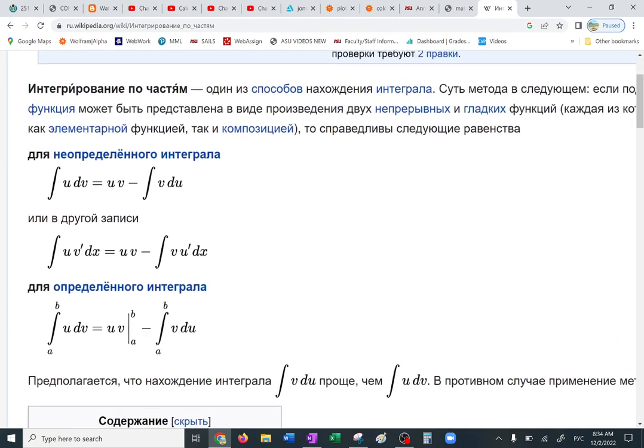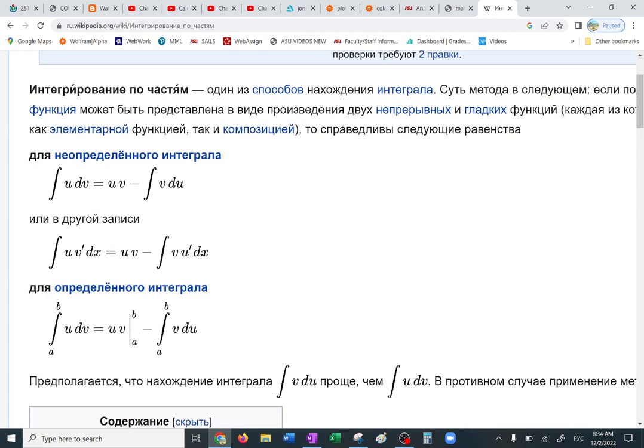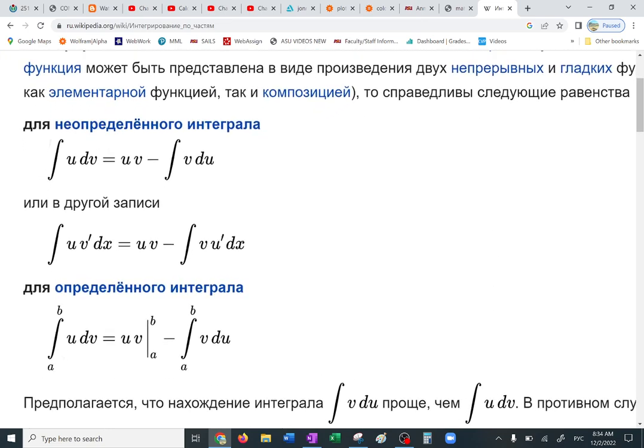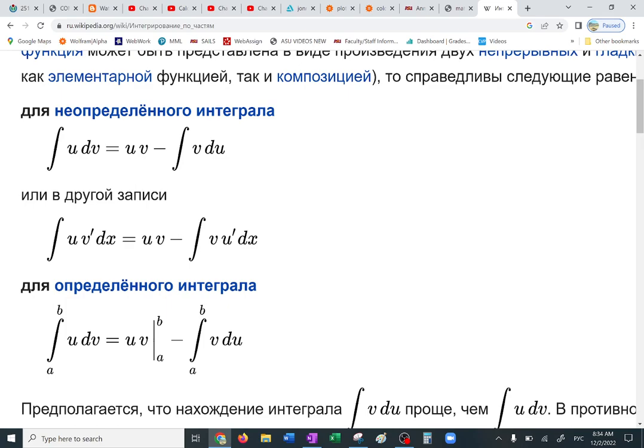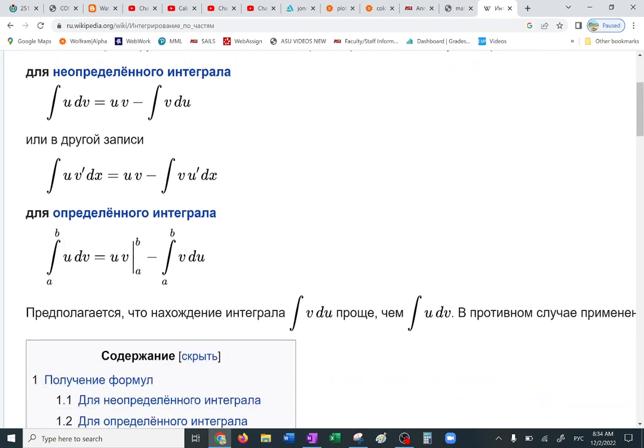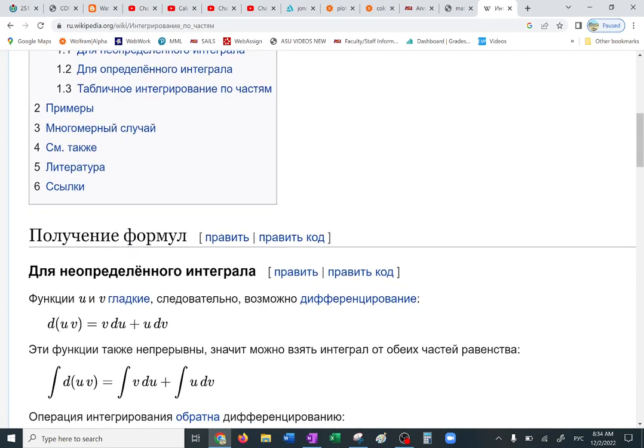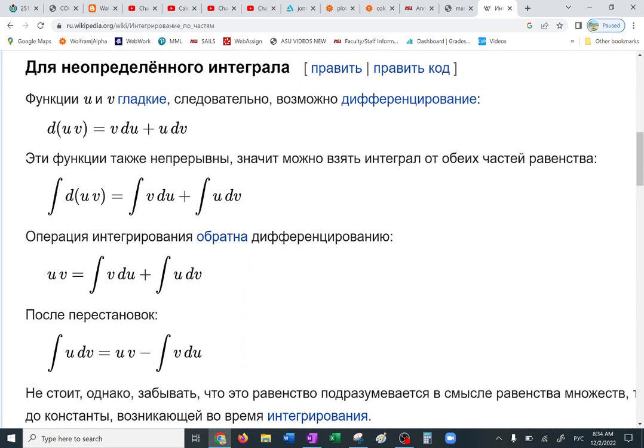Can you read this? That's integration by parts chapter in Russian language. See, you don't have to know the language to know what is going on here. You see this, and you know they're talking about integration by parts. Integral u dv is uv minus integral v du. And then they tell you this history behind it, the formulas, and so on.